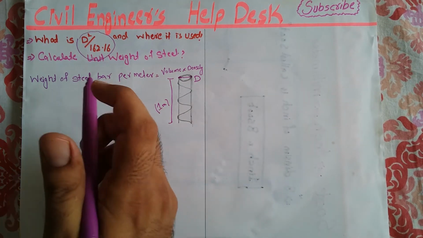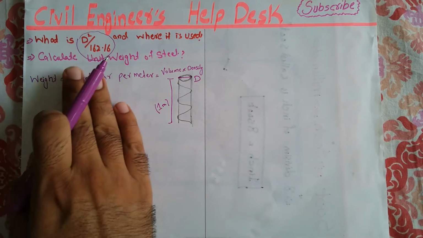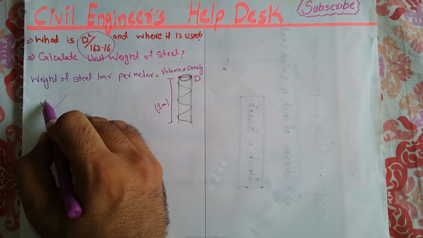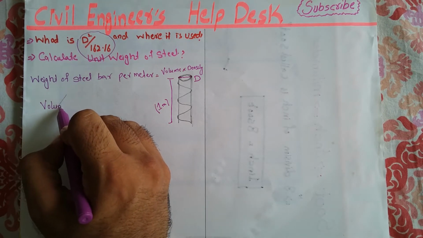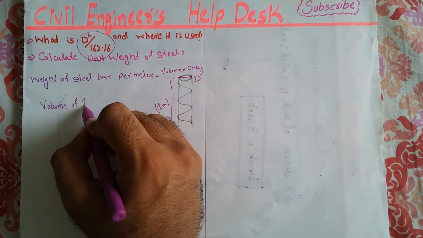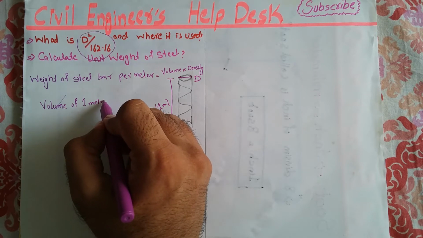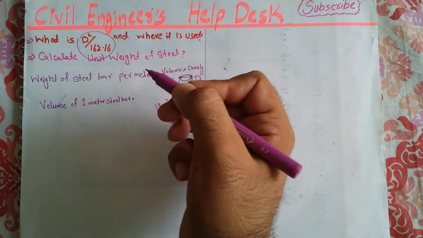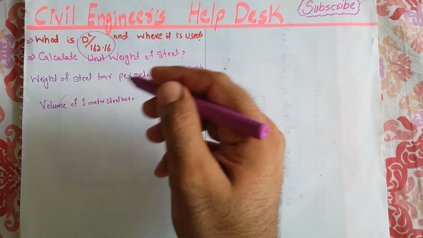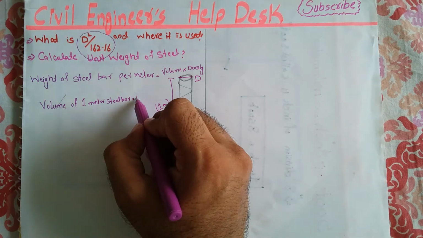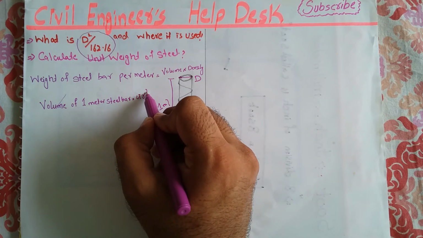So first of all we will calculate volume of 1 meter steel bar. As you know, steel bar is circular, so its formula will be pi r square.